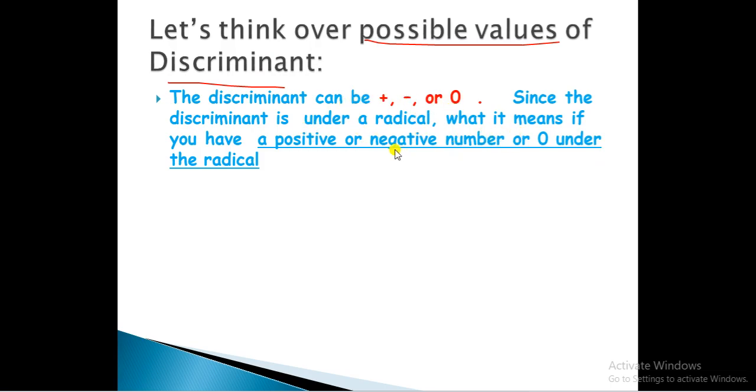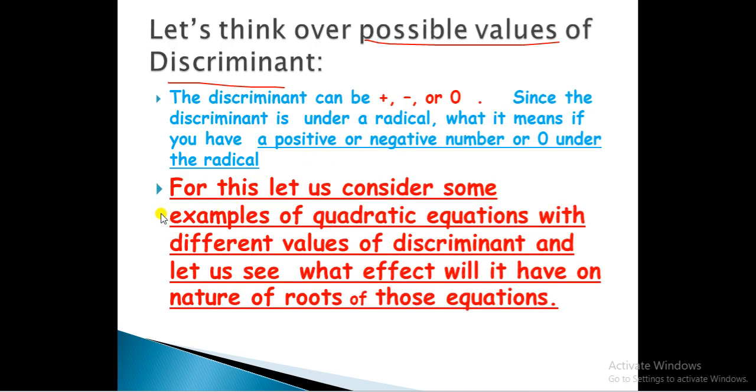Since the discriminant is under the radical, what effect will it have? Now let us see. For this we will consider some examples of quadratic equations with different values of discriminant, and then we will see what effect different values of discriminant will have on the nature of roots. Means how the nature of roots depends on the possible values of discriminant. So let us see that.